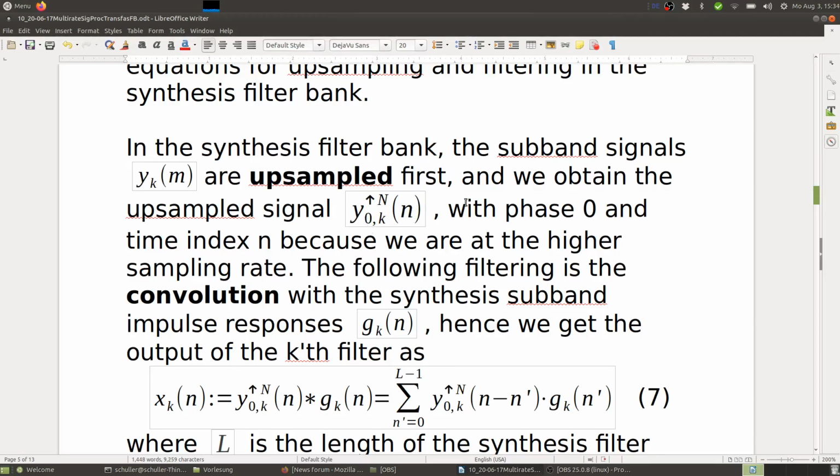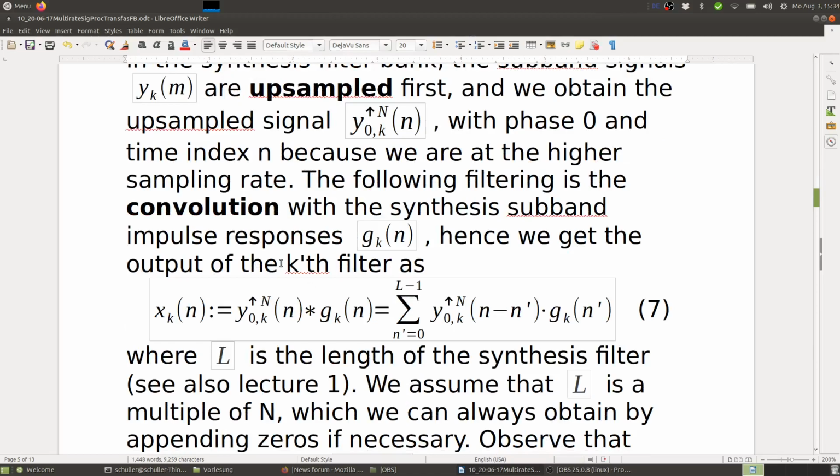So the 0 refers to phase 0, and we have the time index n because we are at the higher sampling rate now.